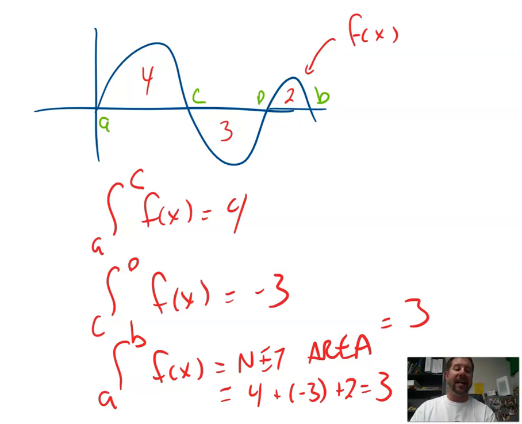So when we're looking at a definite integral, you're looking at the net area under the curve, not the total area under the curve. Be careful about the difference between those two things, and be careful if they're asking about the net versus the total area. If I wanted the total area under the curve here, you would say the total area is 9. However, the integral from a to b is the net area, and that is 3.